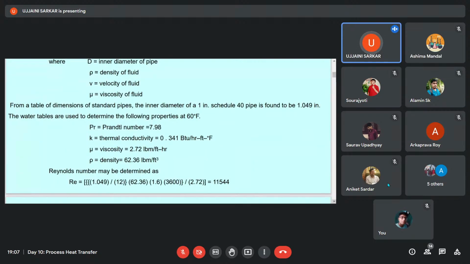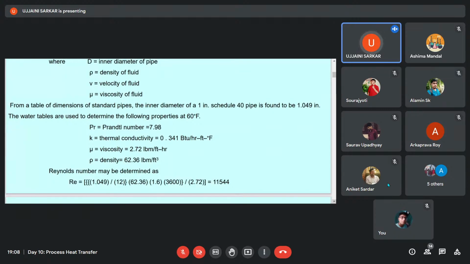Now, you have to be very careful that there are two nomenclatures. Pipe diameters are sometimes given as NB, which is called nominal bore. Nominal bore is neither the internal diameter nor the external diameter, but it is called nominal diameter, or nominal diameter is designated as DN, not ND.